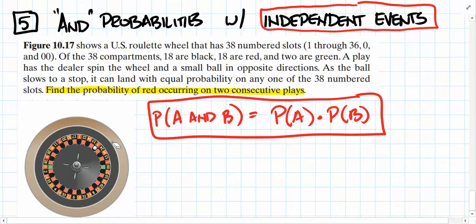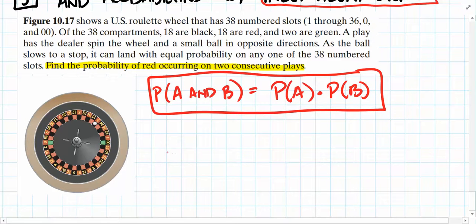So find the probability of red occurring 2 consecutive plays in a row. Basically, we want the probability of getting a red and then the probability of getting a red again.